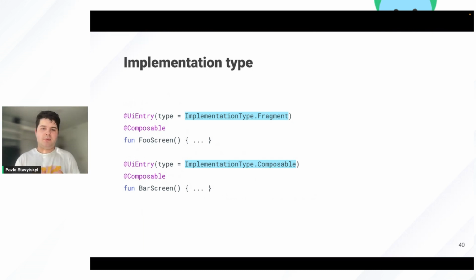So when you use implementation type fragment, a fragment is generated. By using implementation type composable, we generate another class, which is very lightweight; it just needs to conform to a few protocols and interfaces. Inside, it's a holder for a single composable function, and you have far fewer class allocations, because actually there is no fragment that exists for bar screen.